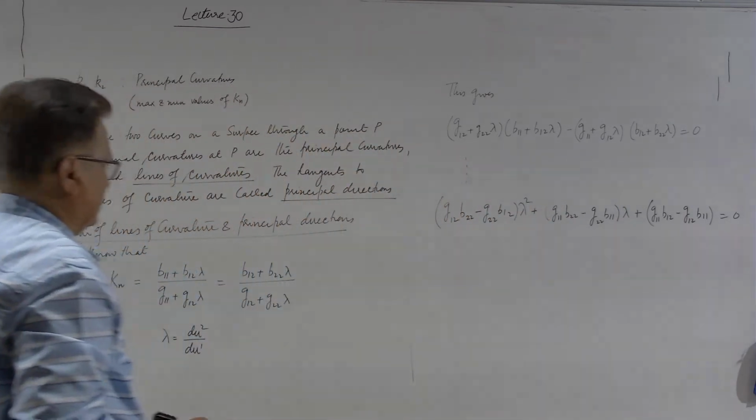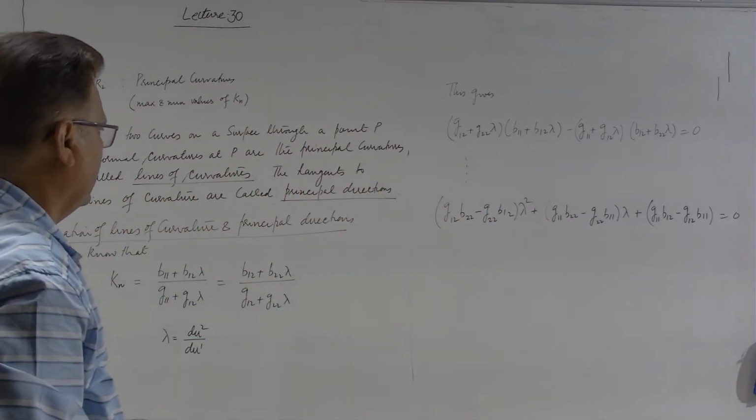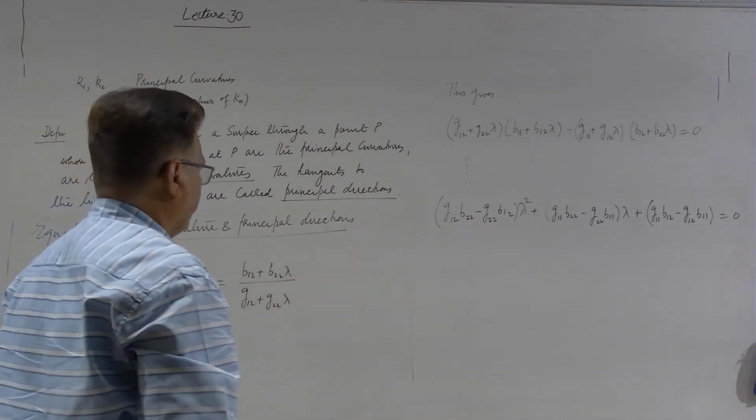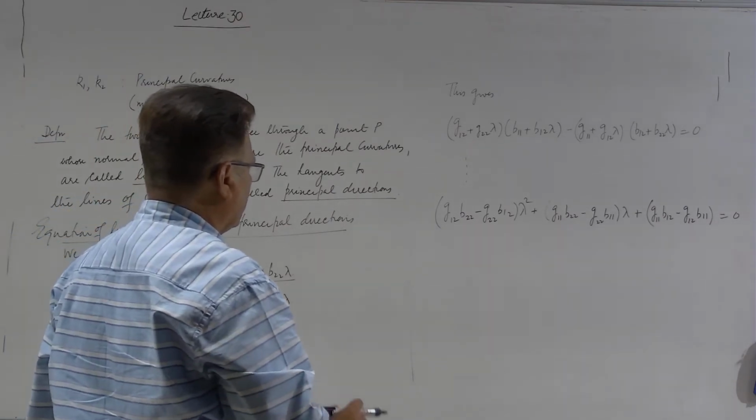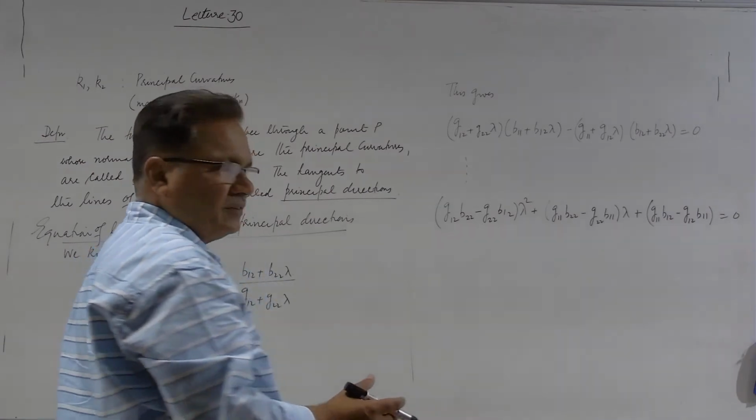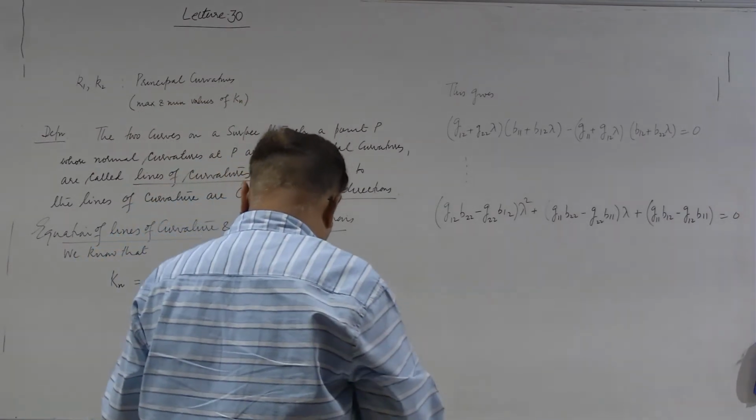So, this is a quadratic equation in lambda, and this will give me the two values of lambda, meaning the two principal directions.